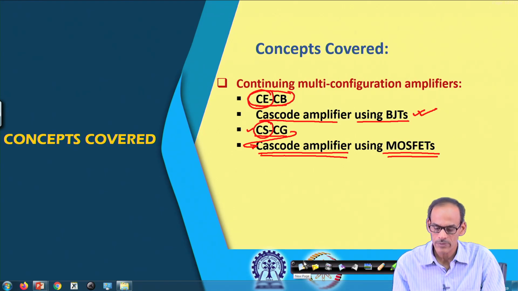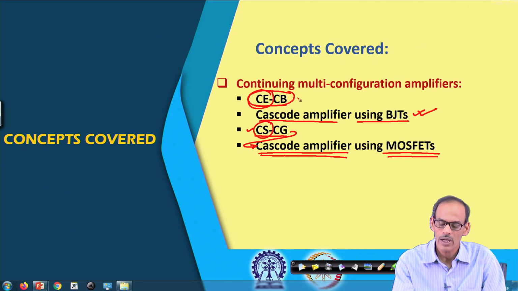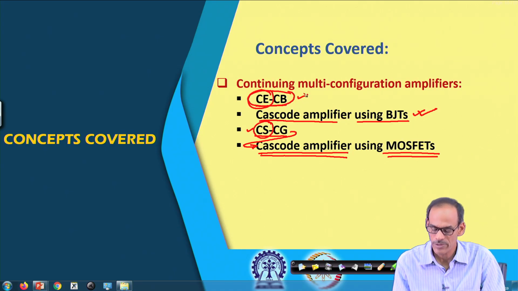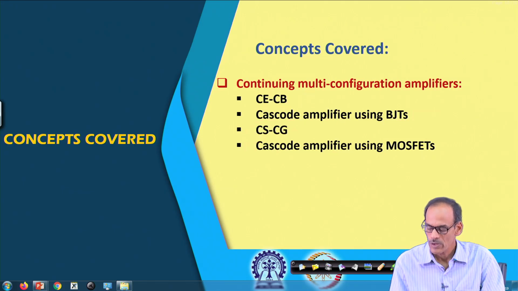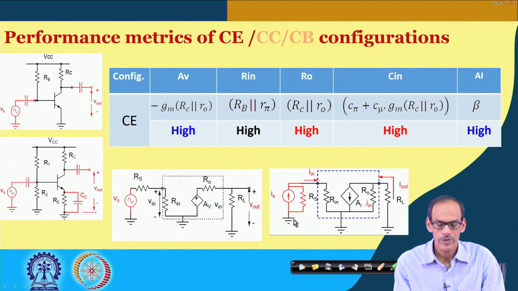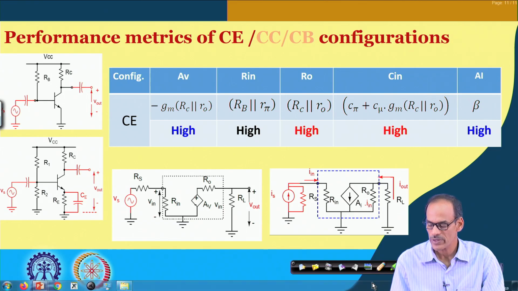Let us see first the CE and CE followed by CB, and then the cascode using BJT. To start with, you may recall we made a summary of different performance metrics of the CE amplifier.